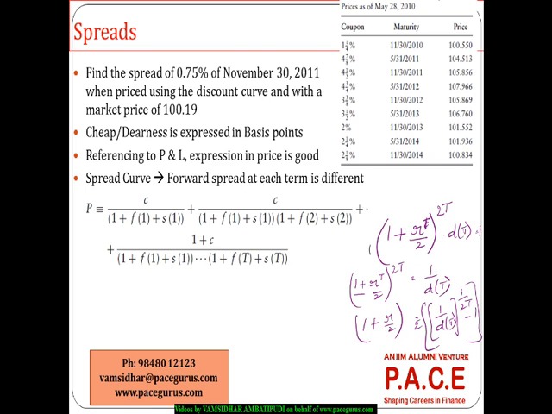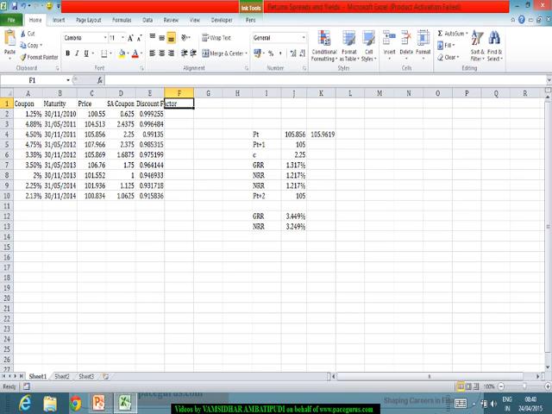So this T is in terms of the semi-annual period. So this is what we are going to have. The time periods probably I can take as 0.5, 1, and so on.